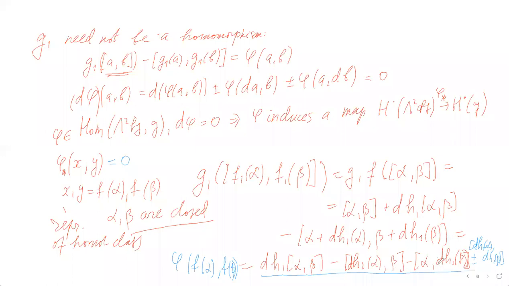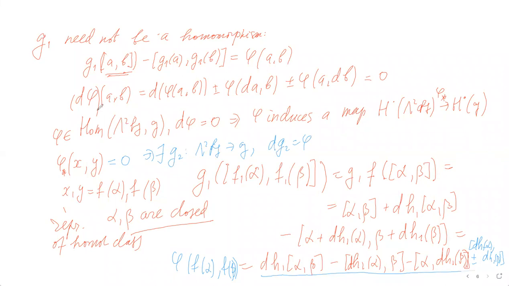This element is exact for the same reason, and this is clearly exact. So it is closed, and since this element vanishes on the level of cohomology, it is a trivial element of cohomology, and as such, it should be equal to a coboundary. So there should exist a G2 map from lambda 2 of H into G, such that D of G2 is equal to phi.